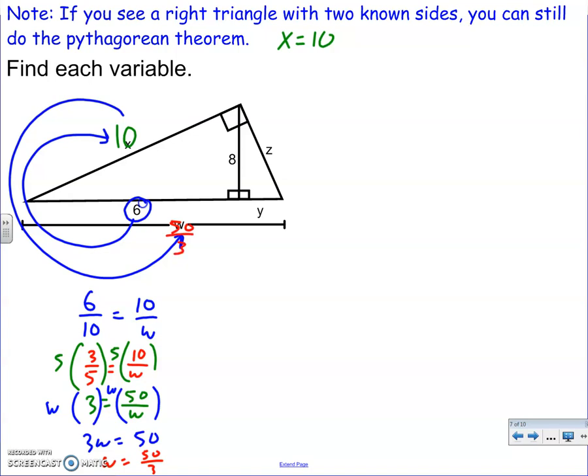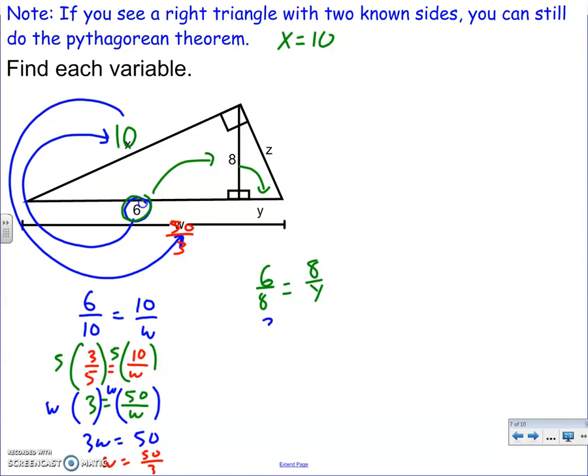Alright, to find y, I could actually do 50 over 3 minus 6 to get the remaining piece. But I'm going to do y a different way. There's lots of ways to do this. Let's do around the world. So 6 goes to 8, 8 goes to y. Get rid of the fraction, actually reduce, make life easier.